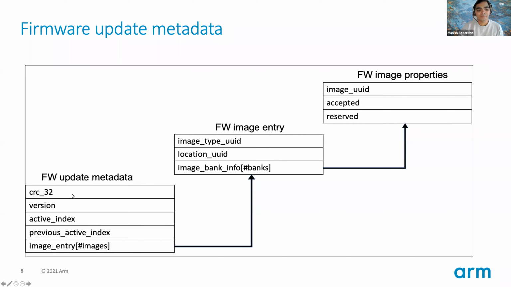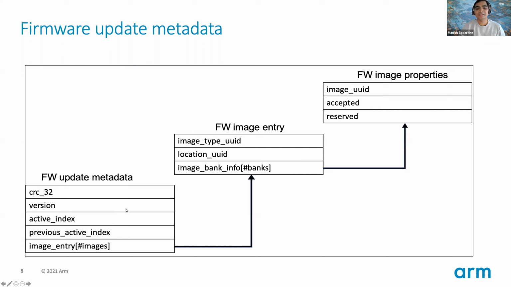Then subsequently on reboot the TFA will use the same field, and the TFA will also calculate the CRC of this metadata and compare it. If that comparison matches, then the integrity of this metadata has passed and it will trust the fields present in this metadata.